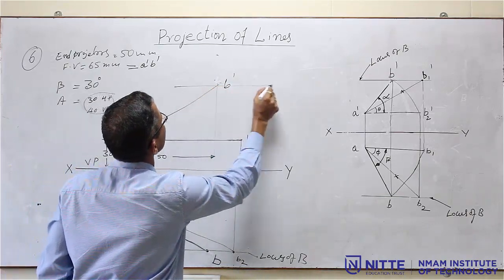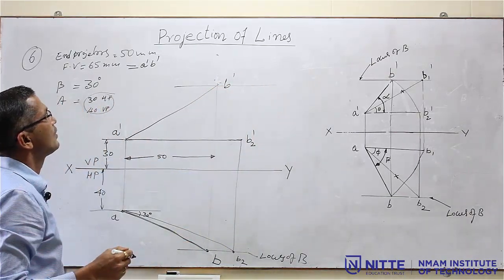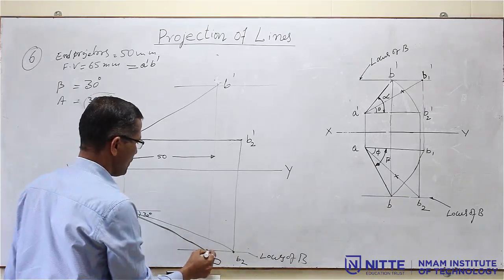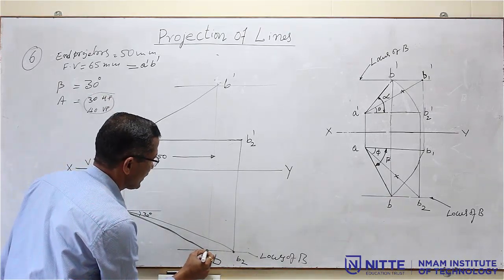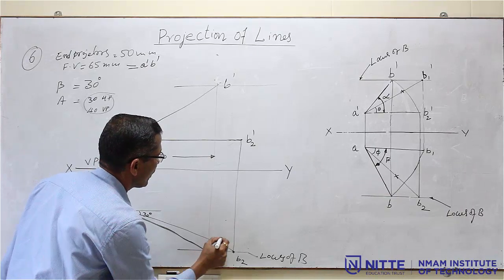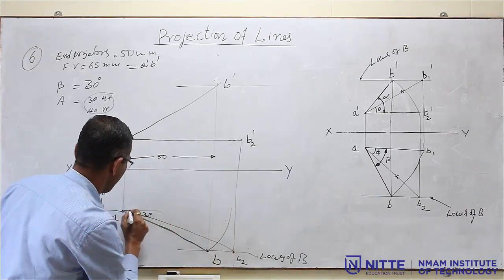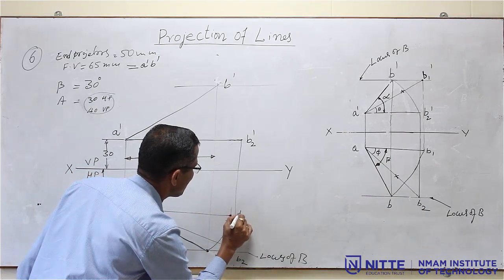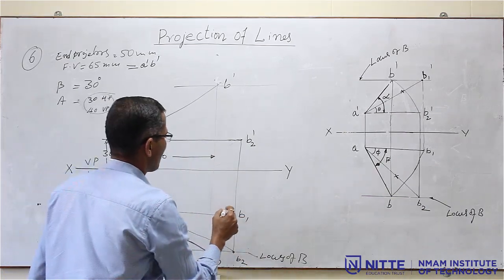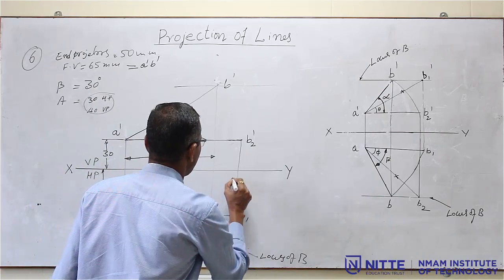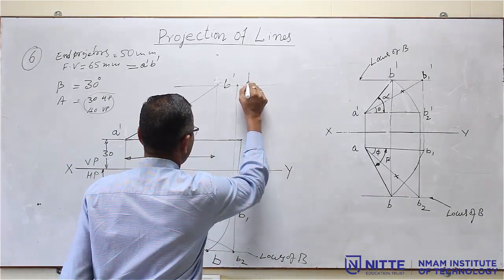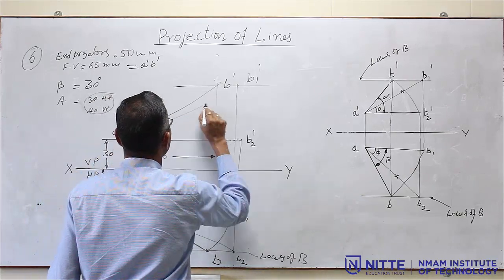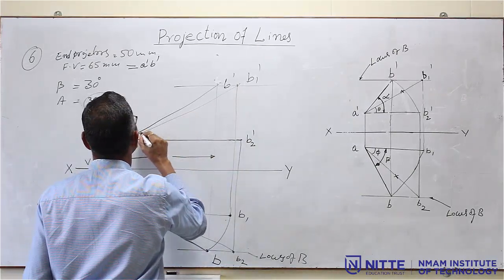Then draw the locus. Once you obtain this B, then you can get the B1. How? Draw an arc, and from here you draw the horizontal line, and this point becomes B1. Project this up to the locus. This becomes B1 dash, and join this by a line. This is the true length.